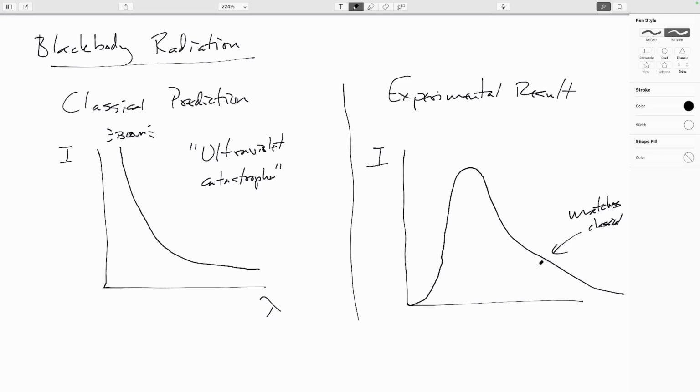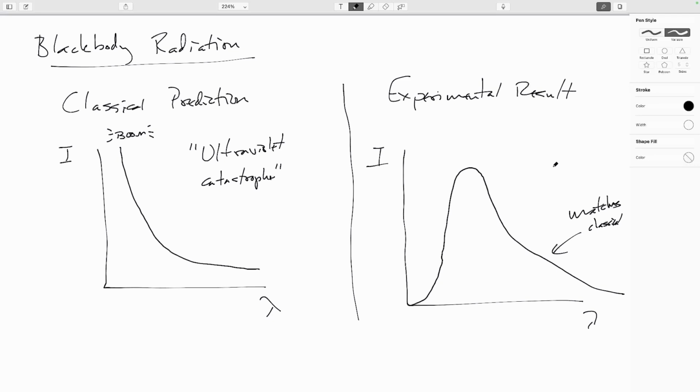But then as we get to shorter wavelengths, we curve down and actually head down towards 0. And when we're talking about Wien's displacement law, exactly where this peak is differs. The hotter you are, the shorter the wavelength the peak is at. But we're just interested in the shape here.